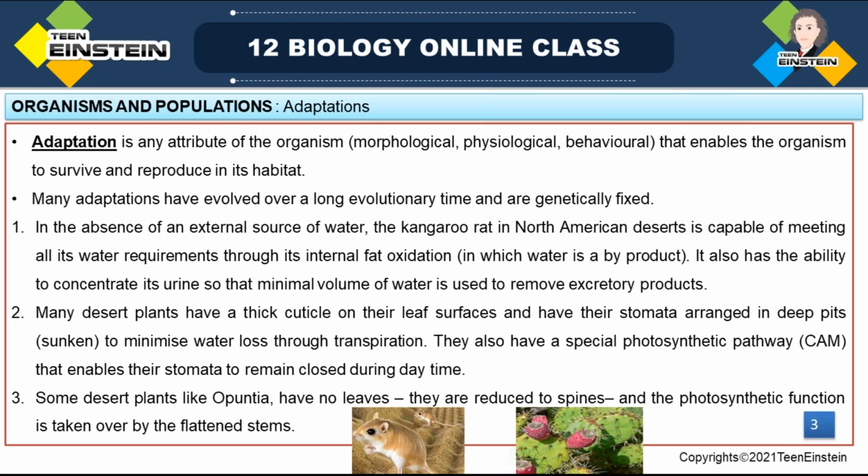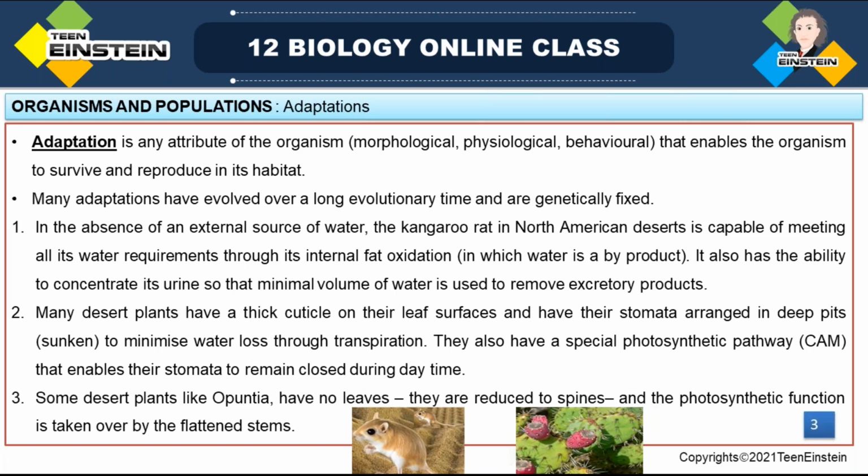So to study whether a characteristic is an adaptation or not, we need to study the environment. First, we need to study the environment and where that organism is living. Then only can we say whether a character is an adaptation or whether the organism is just as such with that character. Adaptation is an evolved trait, and according to the environmental condition, it gets evolved to survive in that condition.